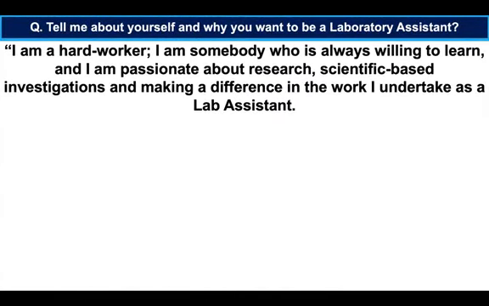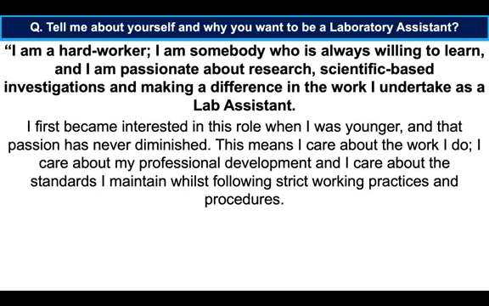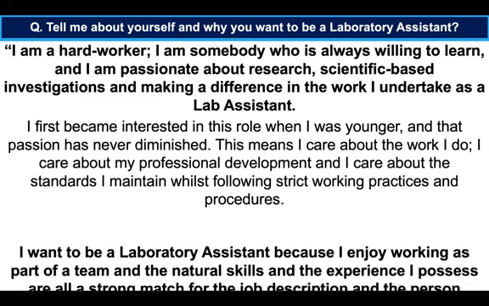I am a hard worker. I am somebody who is always willing to learn, and I am passionate about research, scientific-based investigations, and making a difference in the work I undertake as a lab assistant. I first became interested in this role when I was younger, and that passion has never diminished. This means I care about the work I do, I care about my professional development, and I care about the standards I maintain whilst following strict working practices and procedures.